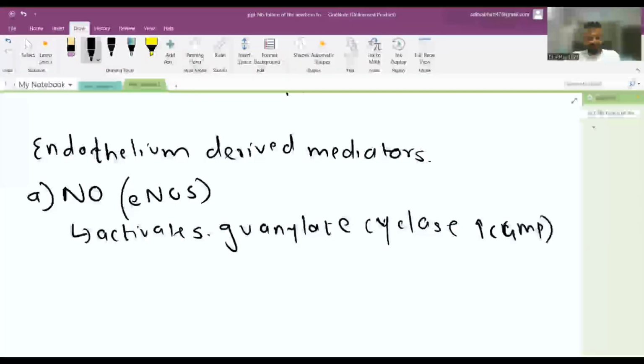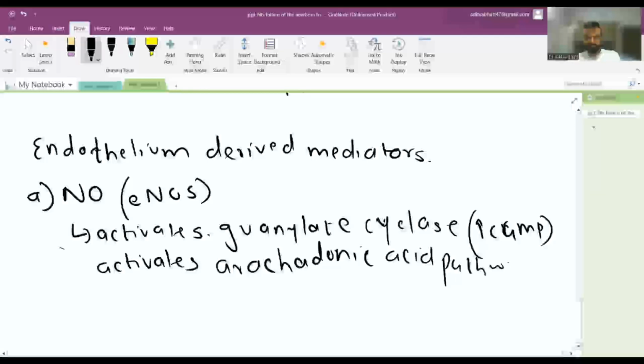Okay, and this also activates the arachidonic acid pathway, the cyclic AMP pathway. The arachidonic acid pathway is very important for the prostaglandins. So this is being activated, and the formation of prostacyclins will lead to vasodilation.